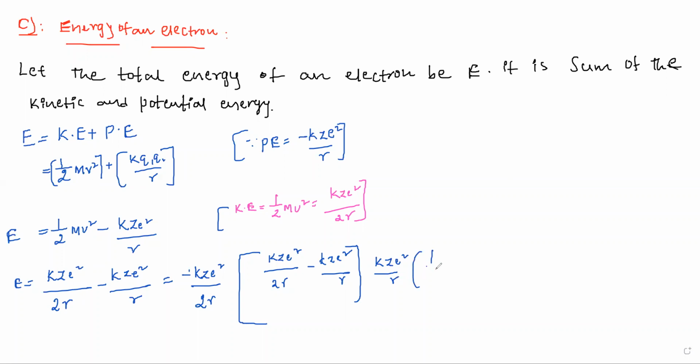If you take it common, 1 by 2 minus 1, because when everything is taken common, 1 remains. So we can write it as minus 1 by 2 K Z e square by R. These two are the same.